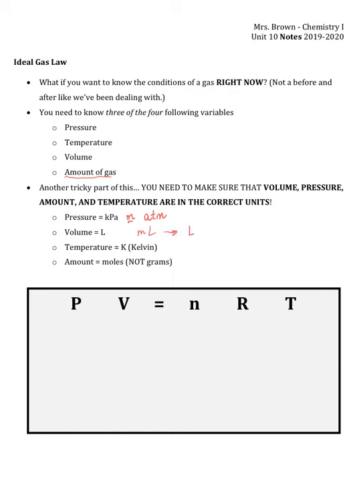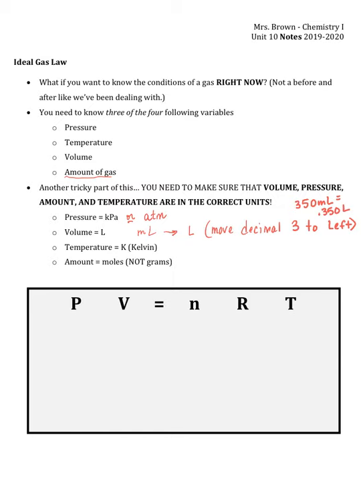How do you do that? You move your decimal three places. So if you had, for example, 350 milliliters, that would be 0.350 liters.